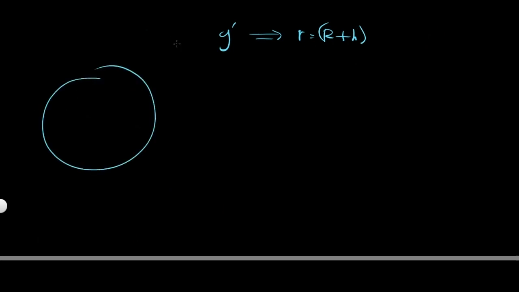So this is the planet, this is the object with mass m, placed at height h, and the radius of the planet is R. Although this object is not on the surface of the planet, it is still influenced by the gravitational force of the planet itself.